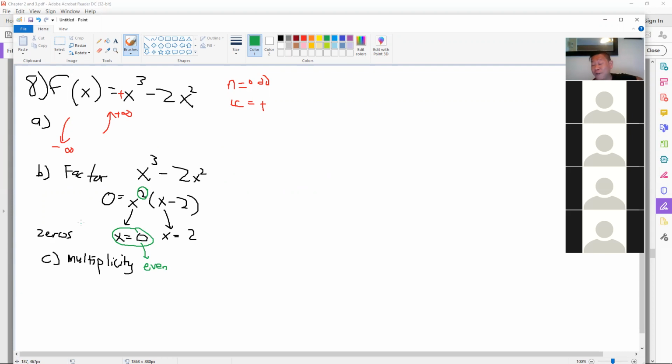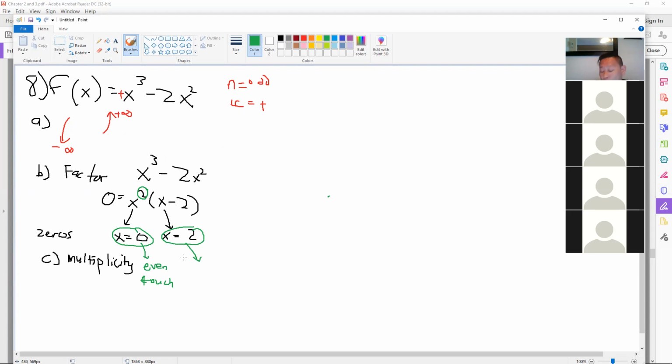Once you finish factoring, you look at the power. If you have 2, 4, 6, 8, the multiplicity is even. And when you have even, it's telling you that you will touch on the graph. That means it behaves like a parabola, either opening upward or downward. Can someone tell me what is the multiplicity of x equals 2? Is that even or odd?